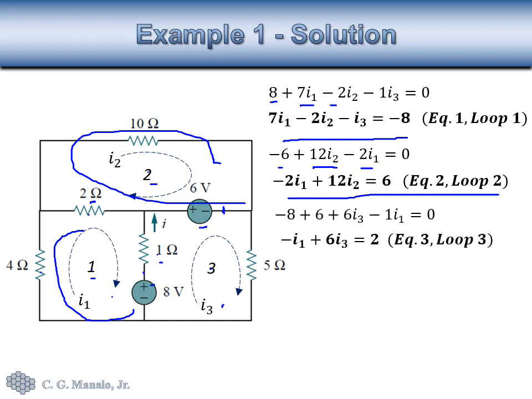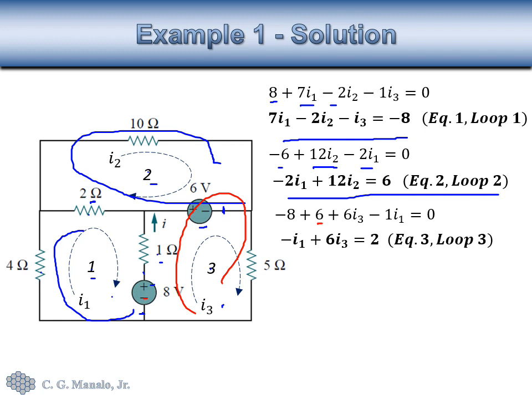Then for loop 3, we start here. We move clockwise. So minus 8 volts. Then we jump to the 6 volts, so that would be plus 6 volts.